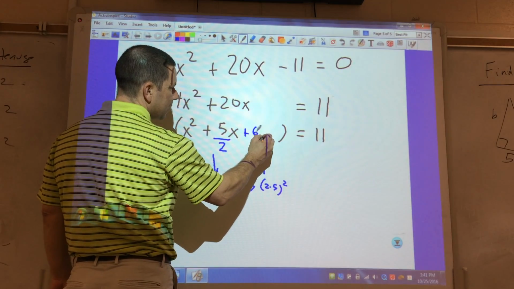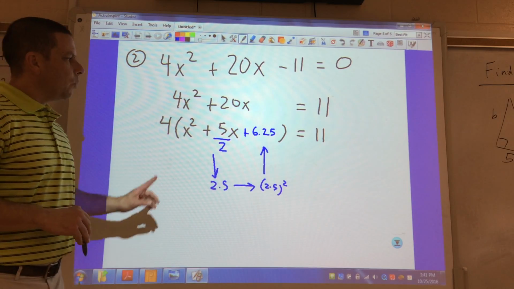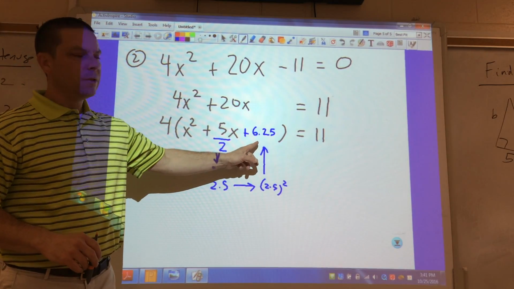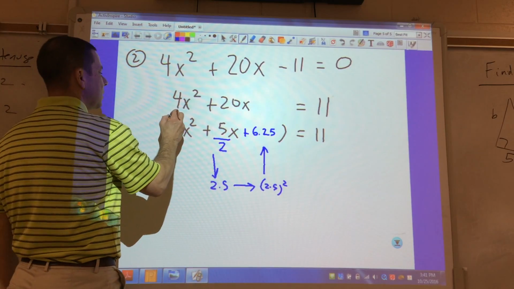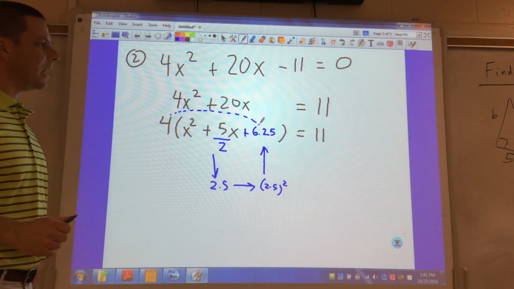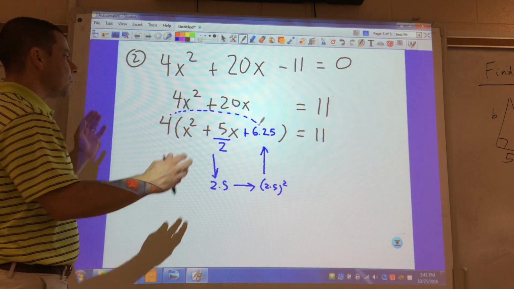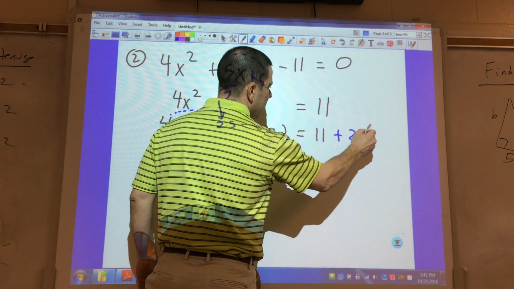That is 6.25. Okay, but we didn't just add 6.25 to this left side. This 6.25 is being multiplied by 4 outside the parentheses here. So we've got to multiply 4 times 6.25, which is actually 25. So it's 25 we added to this side. We need to add 25 to the other side.